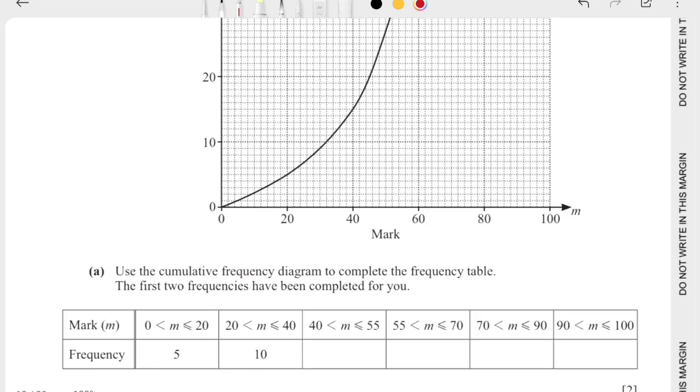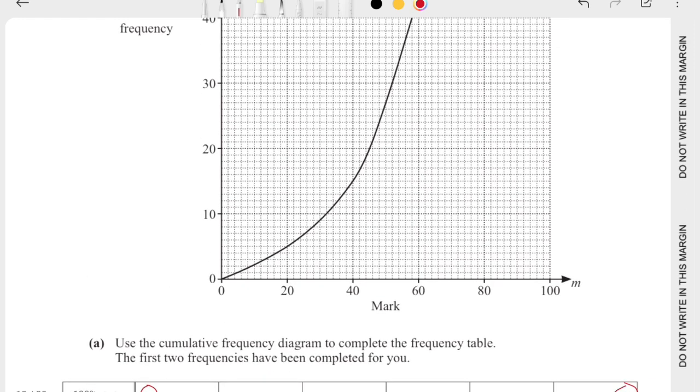We are going to write all cumulative frequencies from 0 up till 100 with the help of the given graph. So I'm going to work here separately. Let me write marks here: 0, 20, 40, 55, 70, 90 and 100.